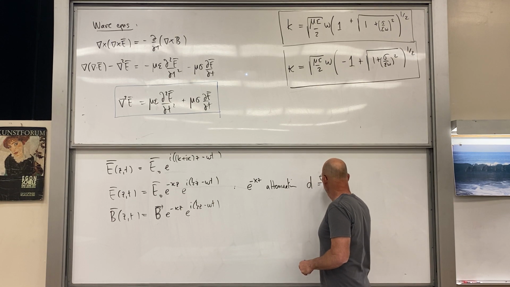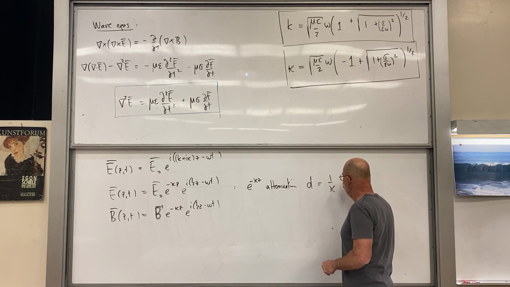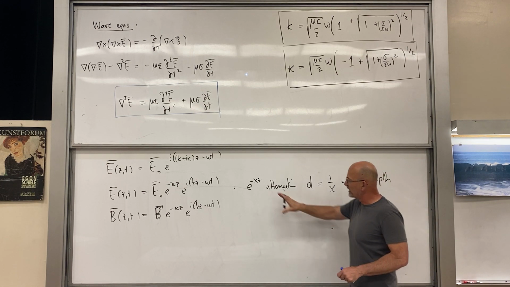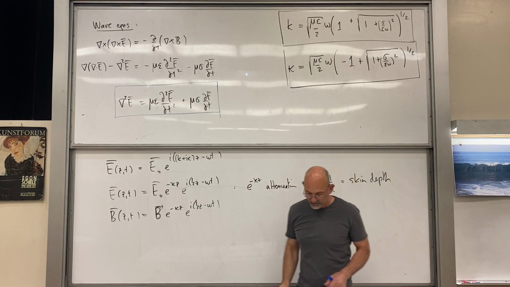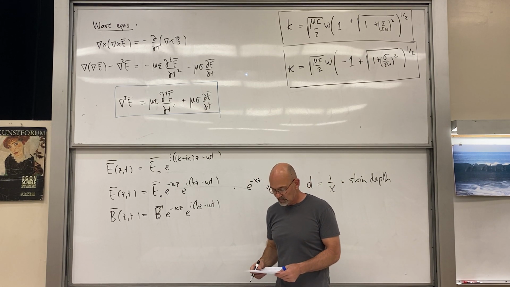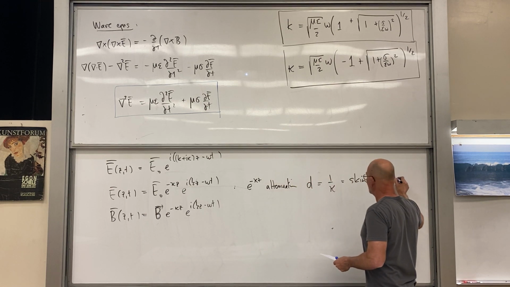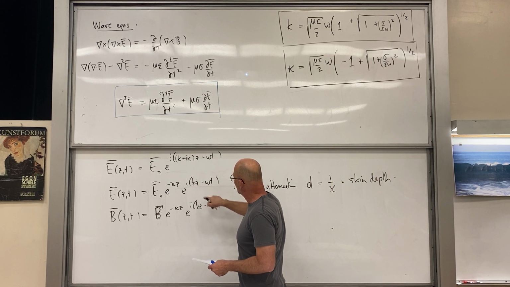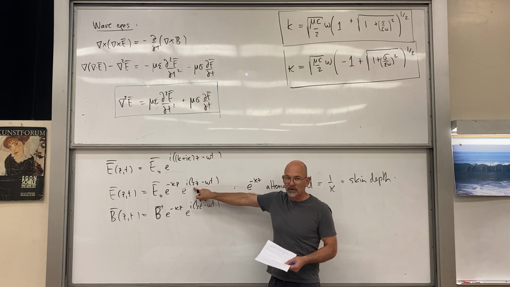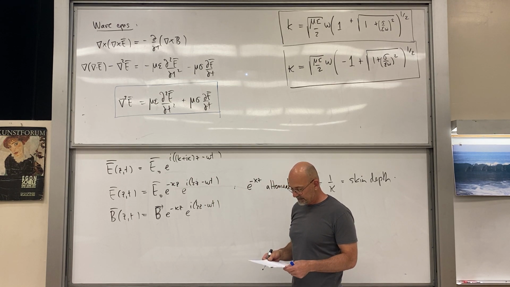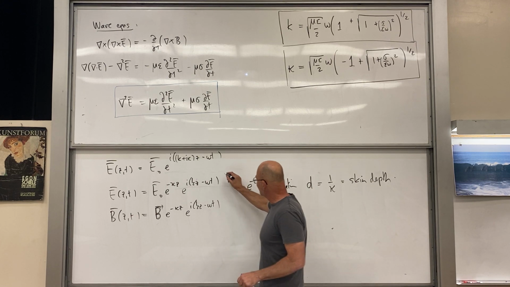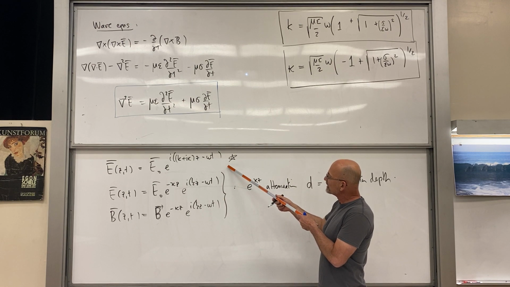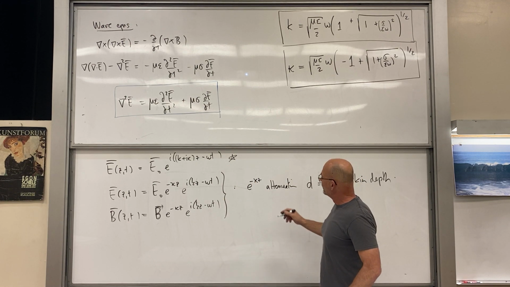So d equals 1 over kappa, the skin depth, at which point it's one e-folding. And k is 2 pi over lambda, same as before. But now we take these equations, and we'll go ahead and take this form into Maxwell's equation.